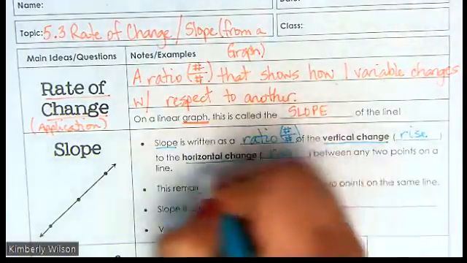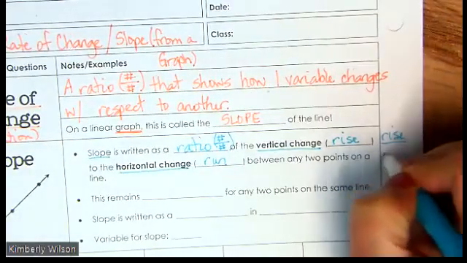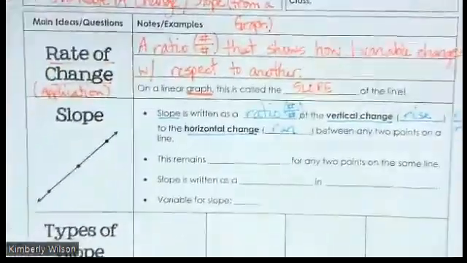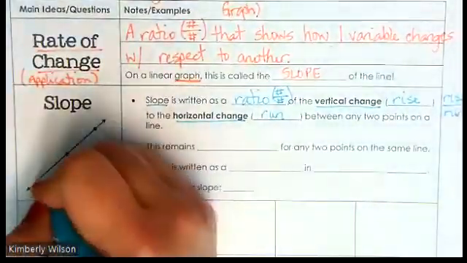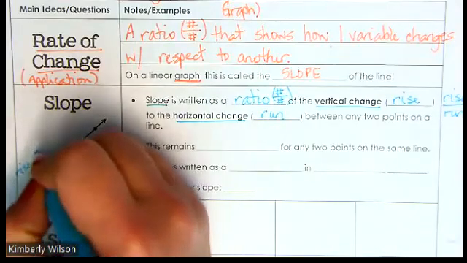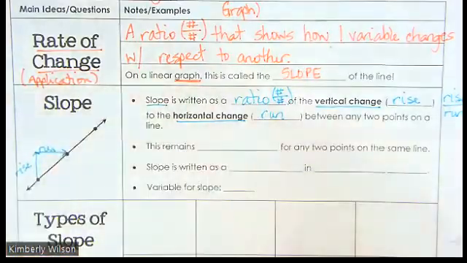So this is written as rise over run. If I'm going between 2 points, it's how much I rise over how much I run.